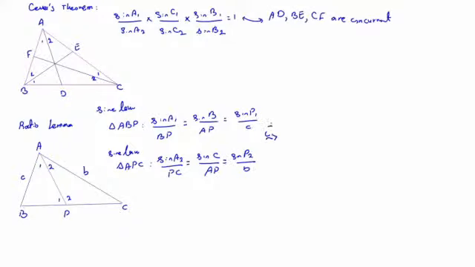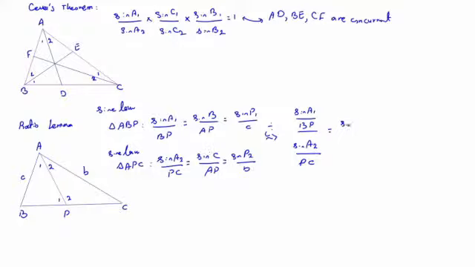Now, let's consider first only the first two fractions. Sine A1 over BP equals sine A2 over PC, equal to sine B over AP and sine C over AP.